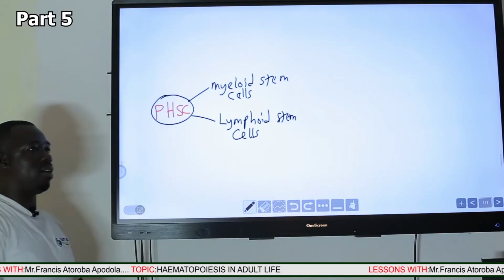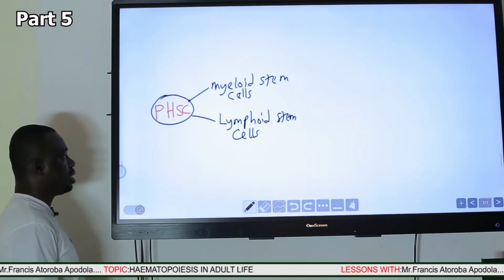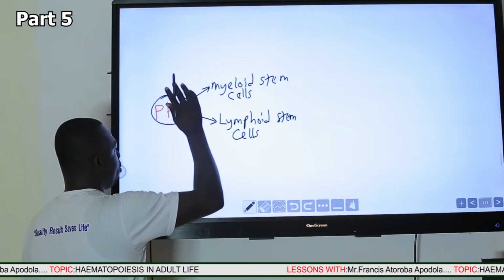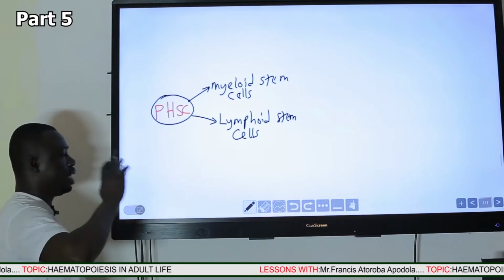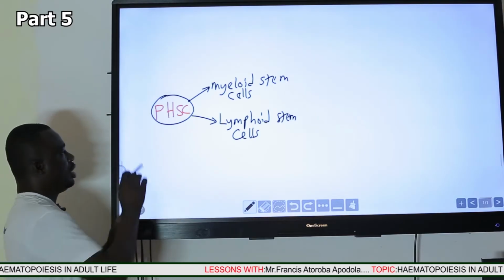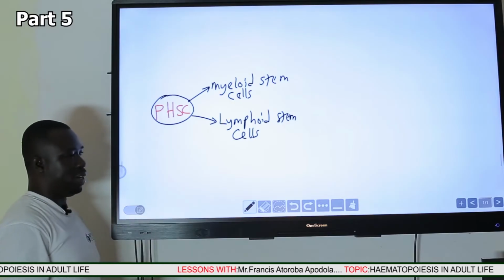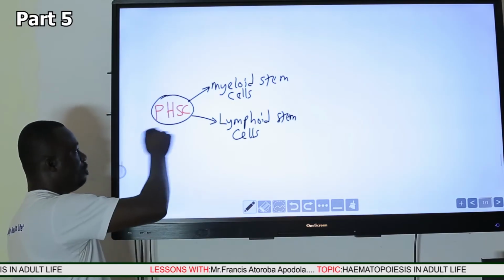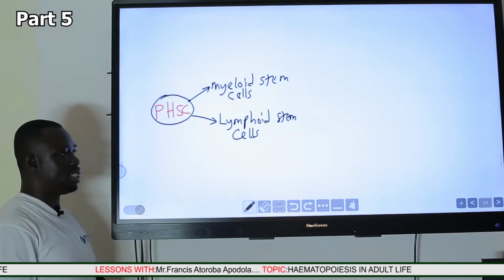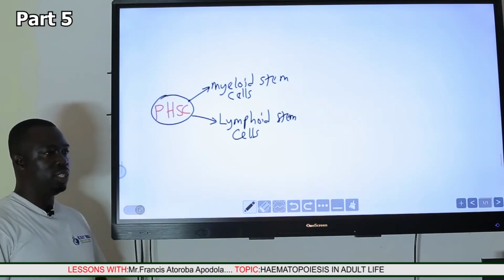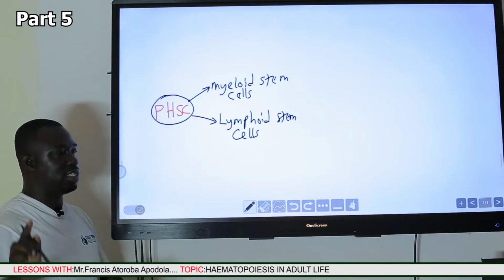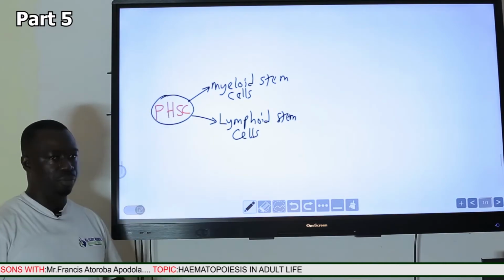So we have our pluripotent hematopoietic stem cell undergoing differentiation to form the myeloid stem cell and the lymphoid stem cell. This pluripotent hematopoietic stem cell that has just differentiated into the myeloid stem cell and the lymphoid stem cell has just been lost. This means that there is no pluripotent hematopoietic stem cell in the bone marrow.